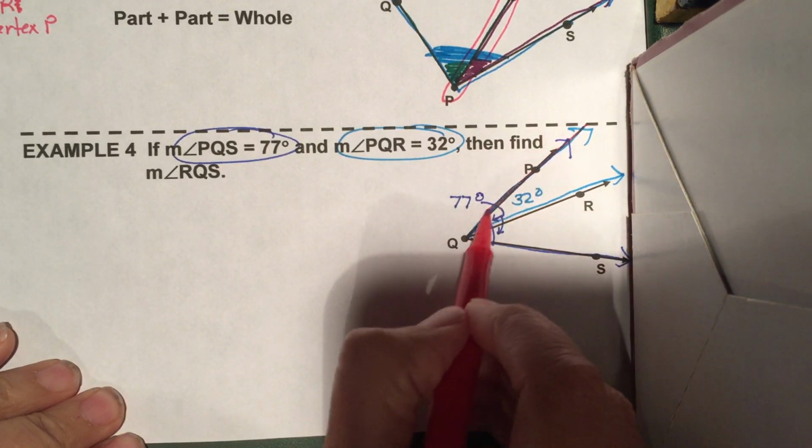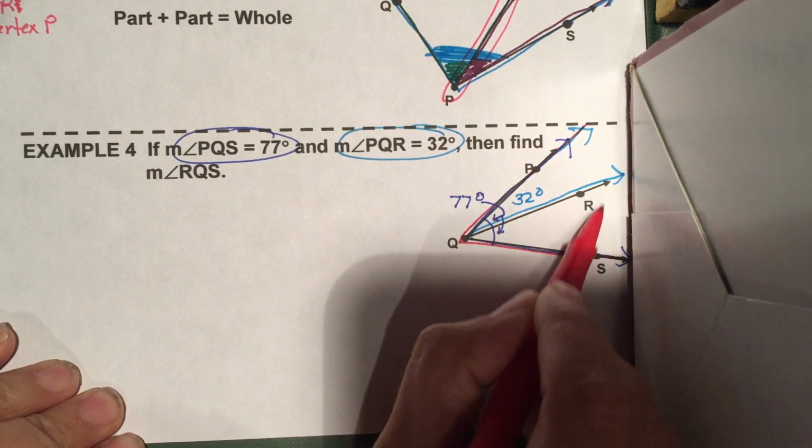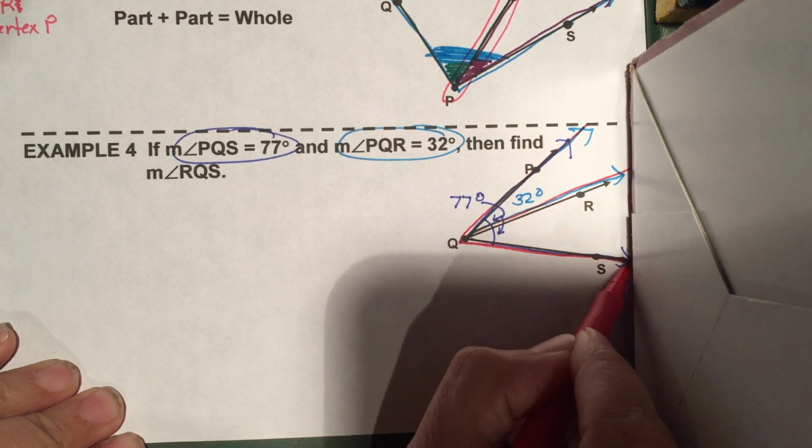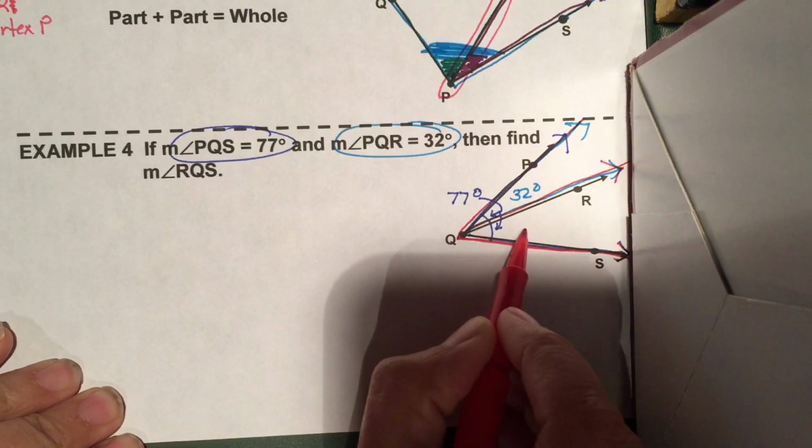The measure of angle RQS is this section right here, the red one.